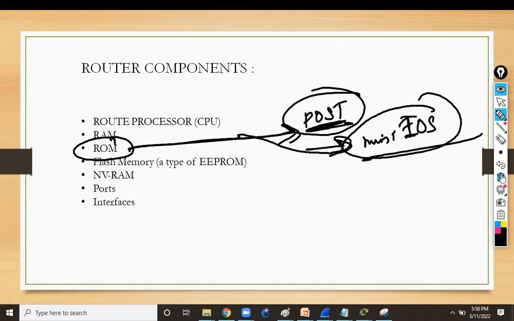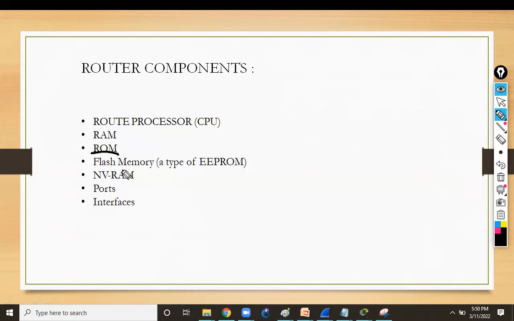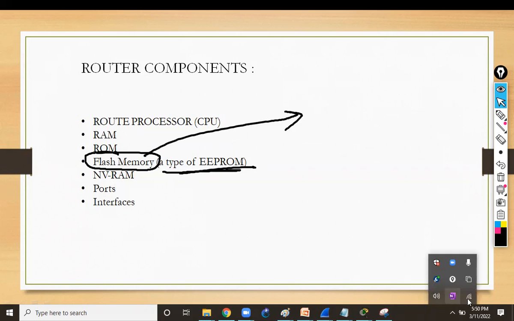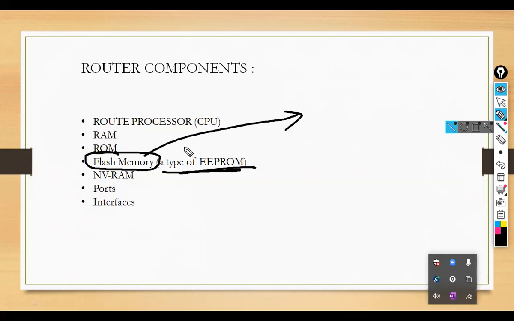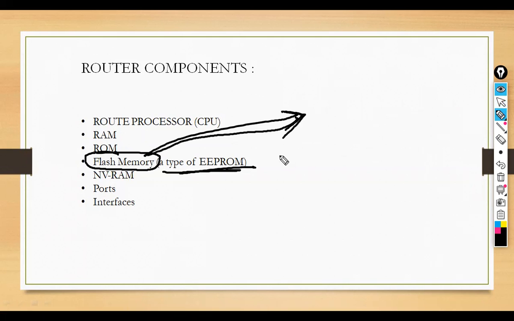Now you got flash memory, a type of EEPROM, or electrically erasable programmable ROM. Let me tell you, this is where you will store the IOS.